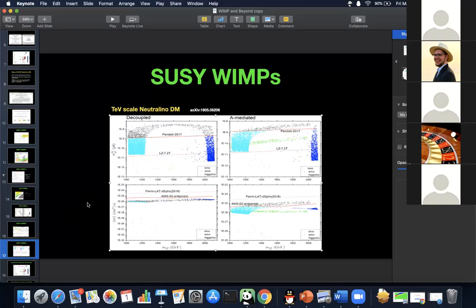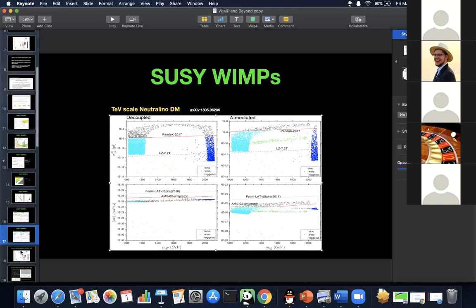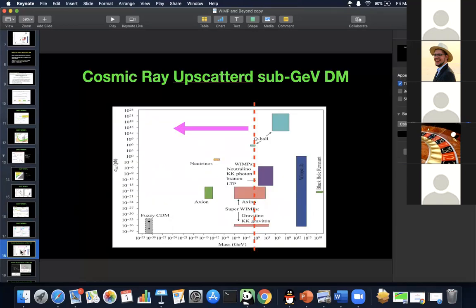So in my opinion, neutralino dark matter in the minimal framework is very challenging, and this motivates me to consider other options. One possible way is to go to light dark matter, with a mass much lower than the WIMP lower mass range, for example sub-GeV, sub-MeV, sub-keV, or even fuzzy dark matter.